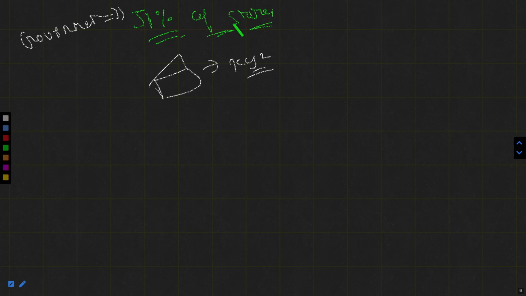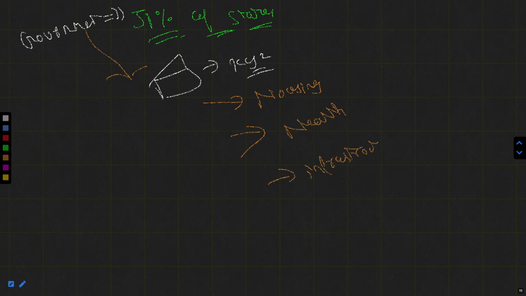It means the government is the owner. If the government is the owner, it can directly use XYZ to implement policies for housing, health, infrastructure, etc., because the government has full control.